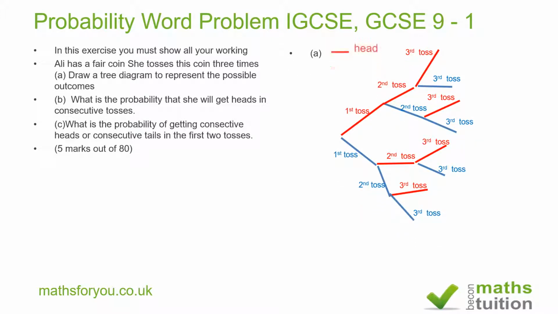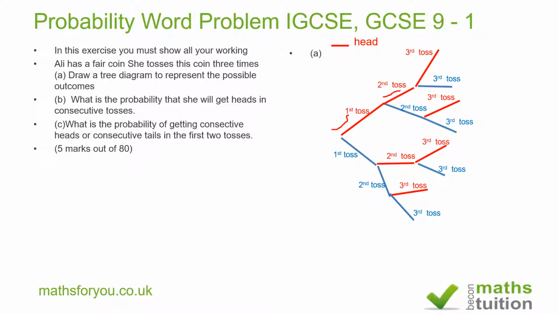This is my tree diagram. So now suppose she has a head in the first toss. Now for the second toss she'll get either a head or a tail.